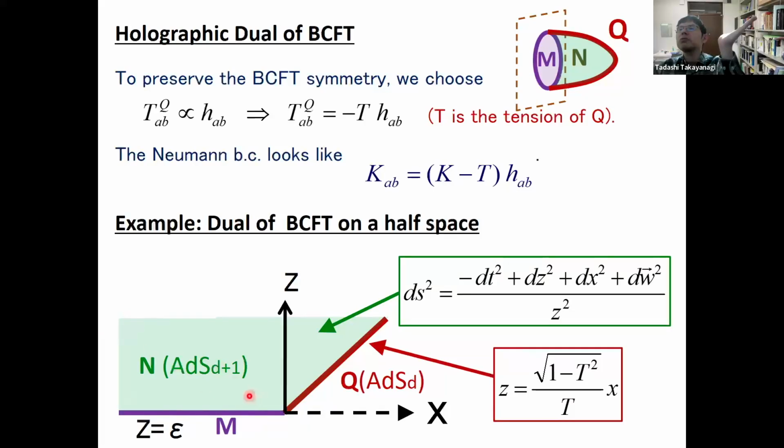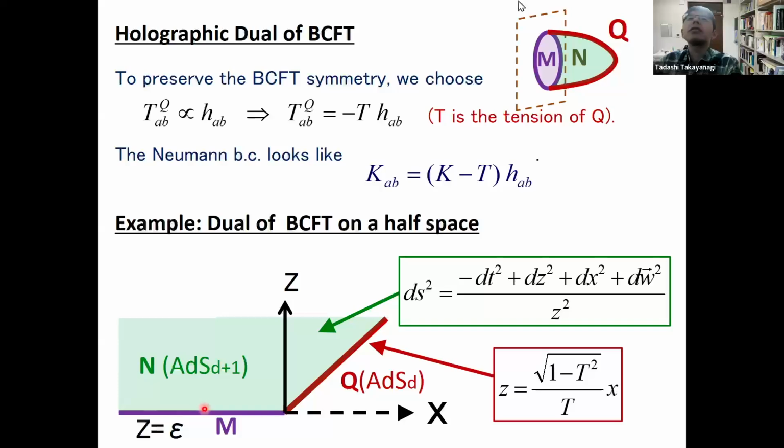So tension is proportional to the degrees of freedom: small tension means a very small universe. Zero tension is like this, and large tension goes this way, almost covering everything. The largest value of T is 1, and then the whole region is almost covered. T equal to minus 1 is like this, a very small region.